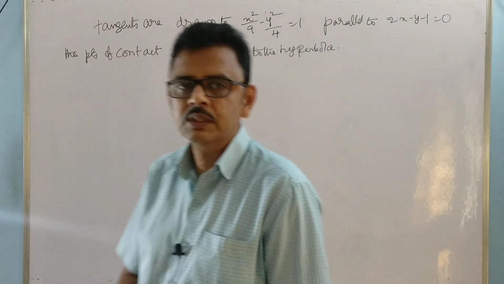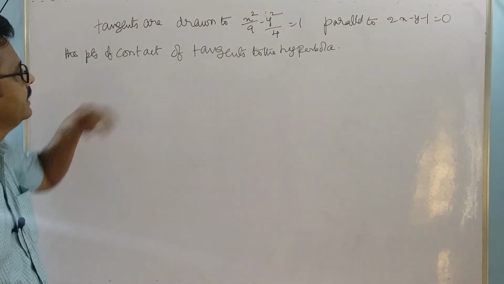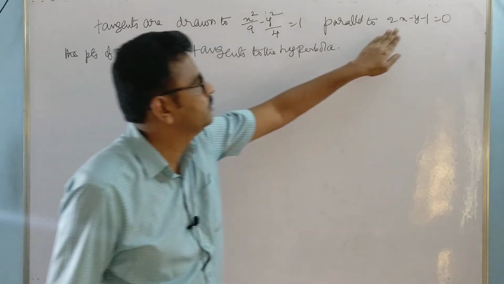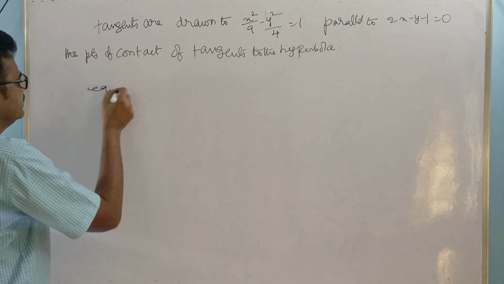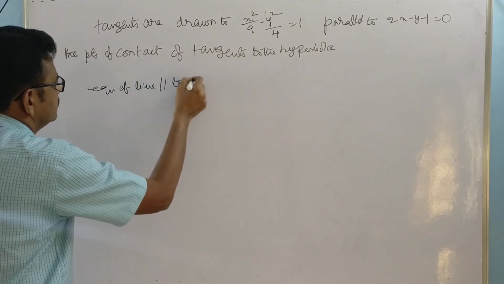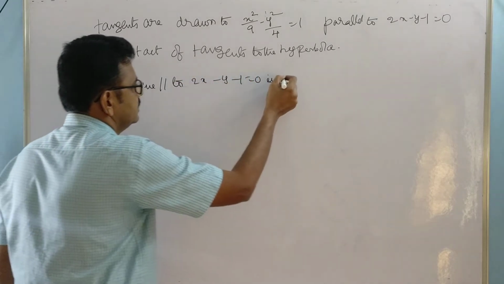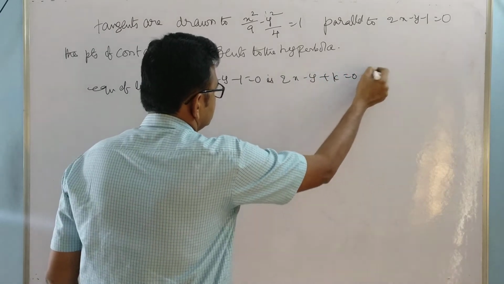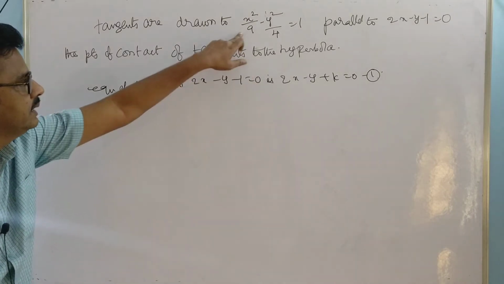So this question was also given in IIT. It is a very simple question. Tangents are drawn to the hyperbola parallel to this line. Now the equation of a line parallel to 2x minus y minus 1 equal to 0 is 2x minus y plus k equal to 0. Now this is a tangent to the hyperbola.